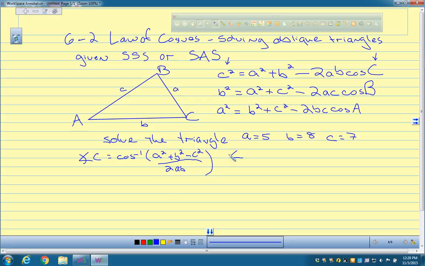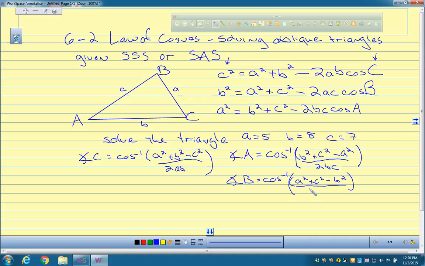And angle A is equal to the inverse cosine of (B squared plus C squared minus A squared) over 2BC, and angle B is equal to the inverse cosine of (A squared plus C squared minus B squared) over 2AC.